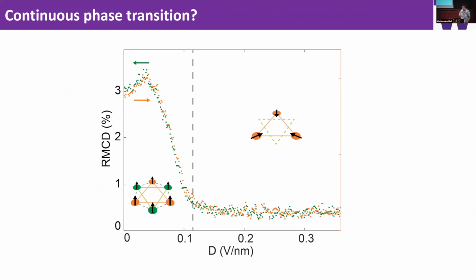Then the other thing we can do is measure this MCD signal by continuously tuning the electric field. There are two different colors here, orange and green. One curve is obtained by sweeping the electric field forward, the other by sweeping it backwards. You can see there's basically no hysteresis in this measurement, which indicates this is probably not a first-order transition, because otherwise we should see hysteresis.